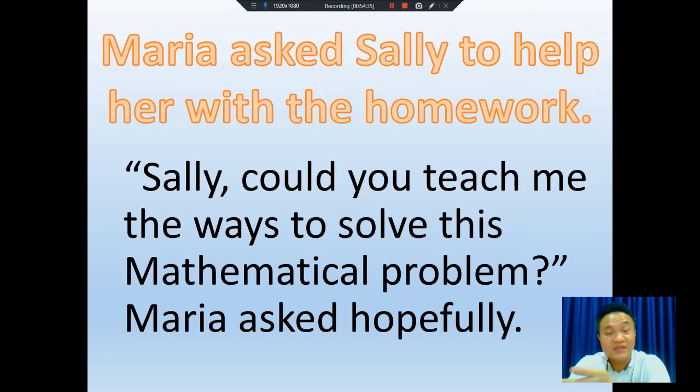So Maria is asking Sally for help. Here you can create a question in a dialogue form. "Sally, could you teach me the way to solve this mathematical problem?" Maria asked hopefully. So you see the difference here.